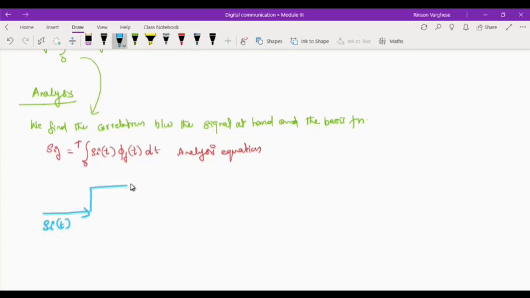I need to multiply it with phi_1(t), and then integrate that, integral 0 to T dt. This entire thing is a correlator.